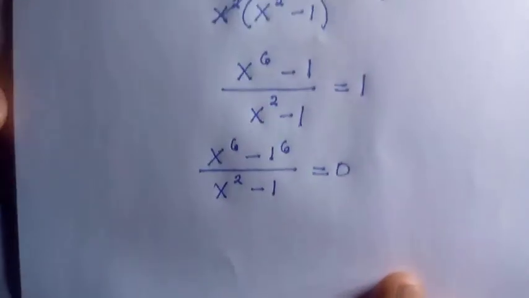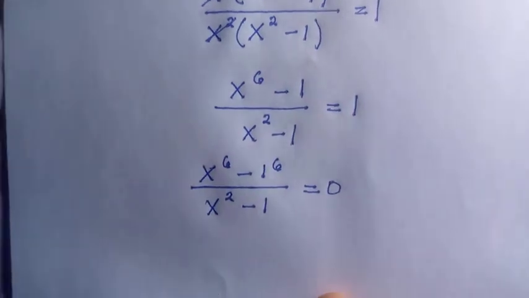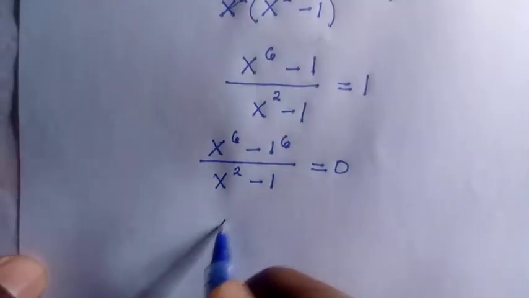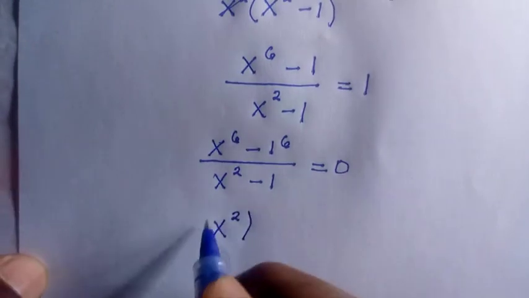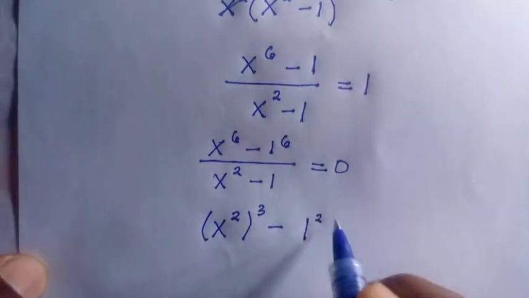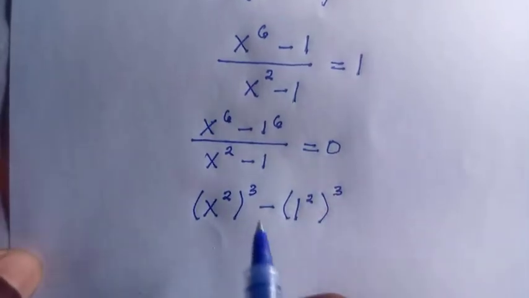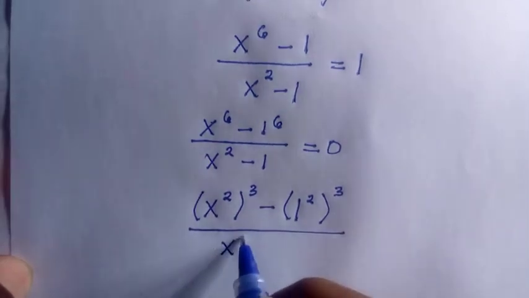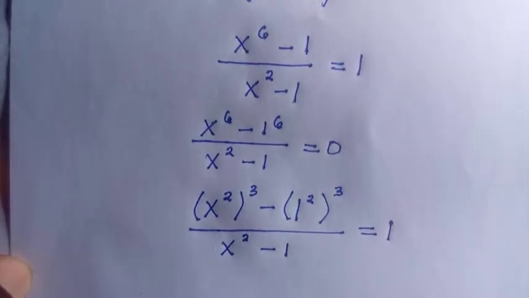So then, from this numerator, which is x to the power of 6 minus 1, we can write that as x to the power of 2 raised to the power of 3 minus 1 to the power of 2 raised to the power of 3, according to the rule of indices, divided by x to the power of 2 minus 1, everything equals 1.